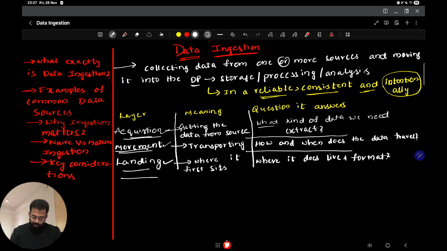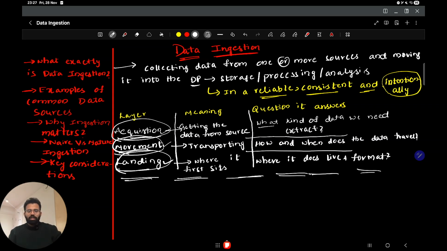Okay, you need to answer all these questions for these 3 layers or phases that we talked about, which are acquisition, movement and landing. And of course, if any of these layers are unclear or inconsistent, most of the time everything downstream becomes a little bit harder to handle.